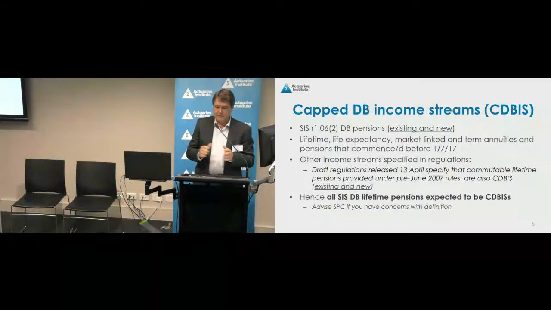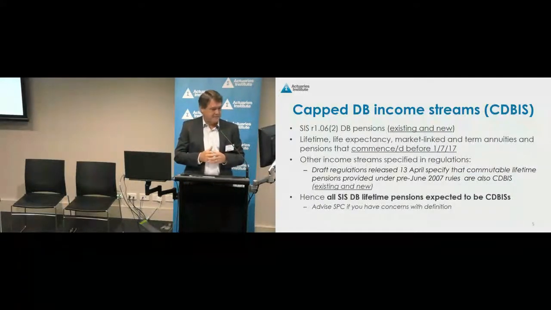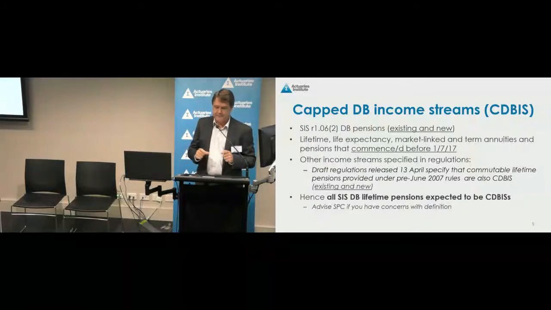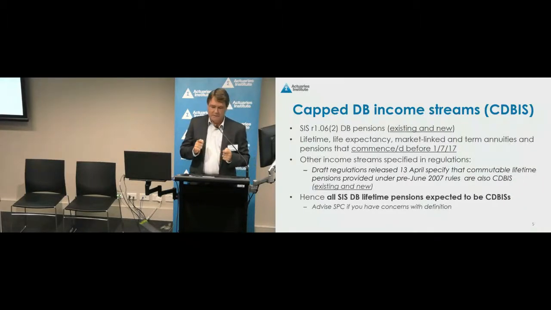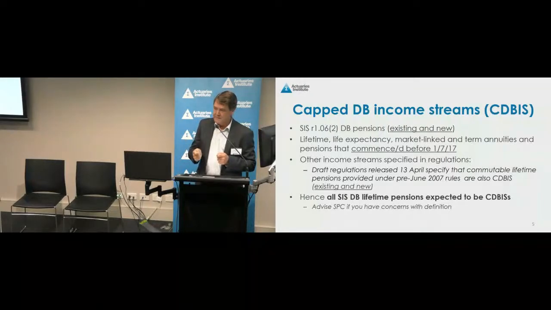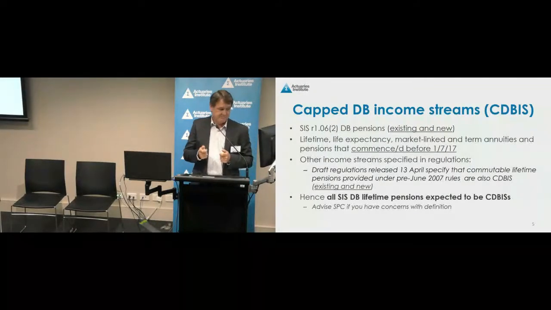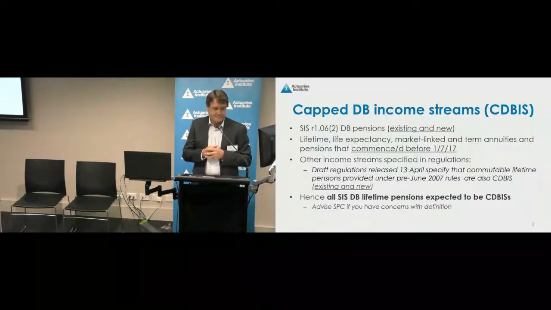If you've had the joy of reading SIS Regulation 1.06, you'll find that it goes for some 20 pages of different types of definition of what's a pension. But for the purpose of this legislation, it's at the moment only lifetime DB pensions that satisfy the definition of a pension under SIS Regulation 1.06(2).